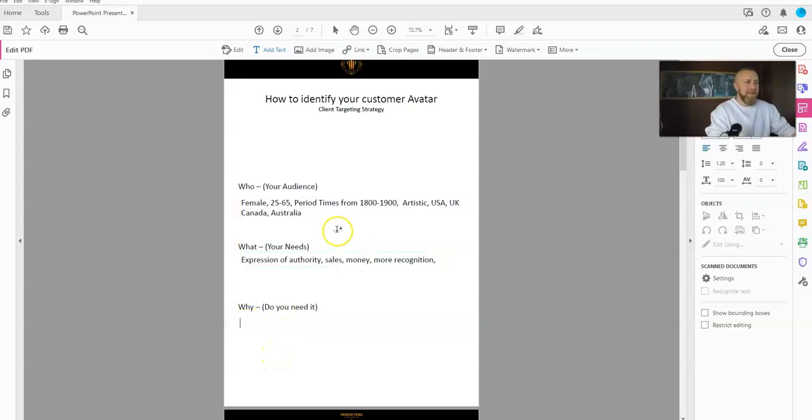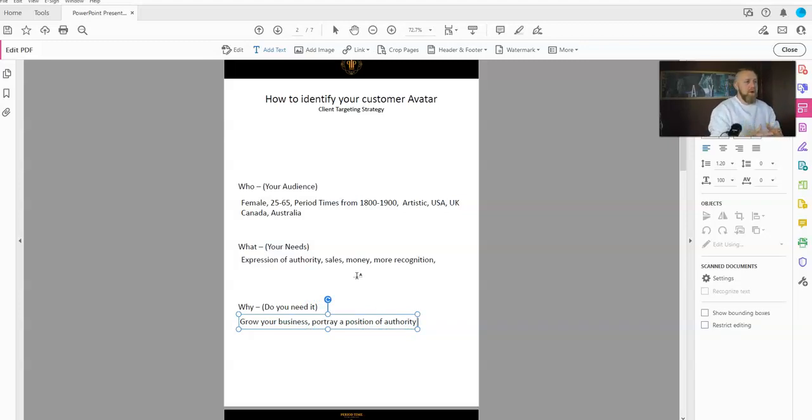Why do you need these things? So if it's sales, why do you actually need sales? Well, obviously to grow your business. If it's authority, why do you need authority? Right? So you can portray a position of authority to your market, right?